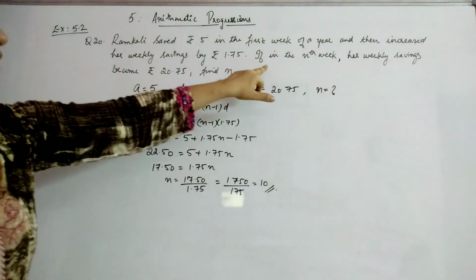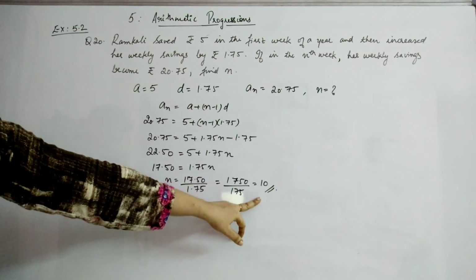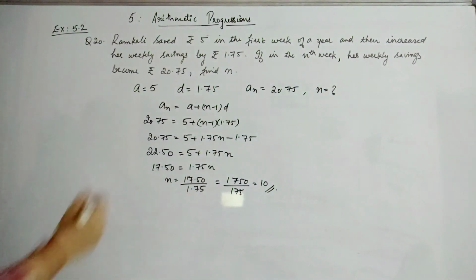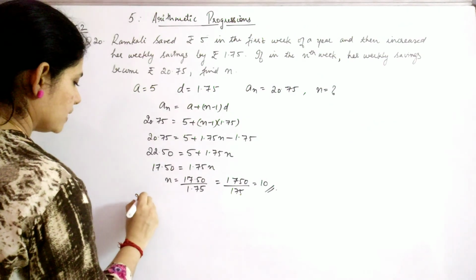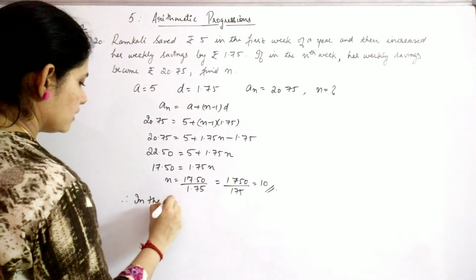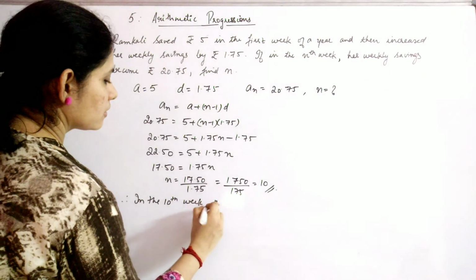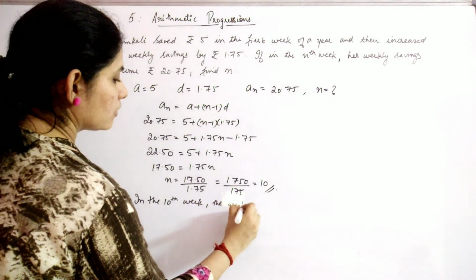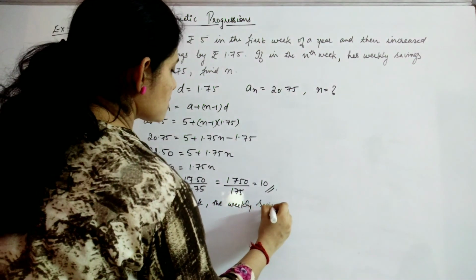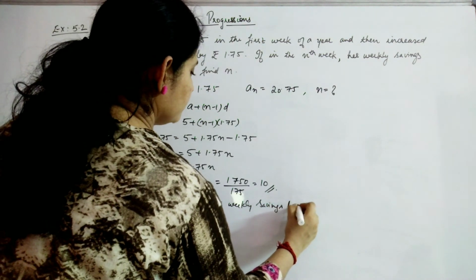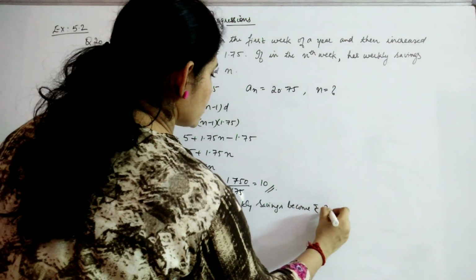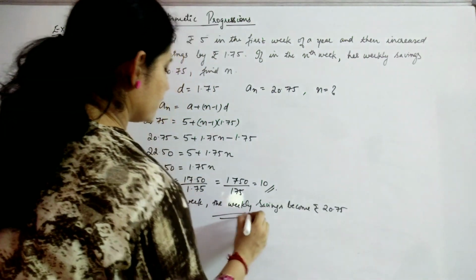So that nth week is your 10th week. So in the 10th week, her weekly savings become rupees 20.75. Okay.